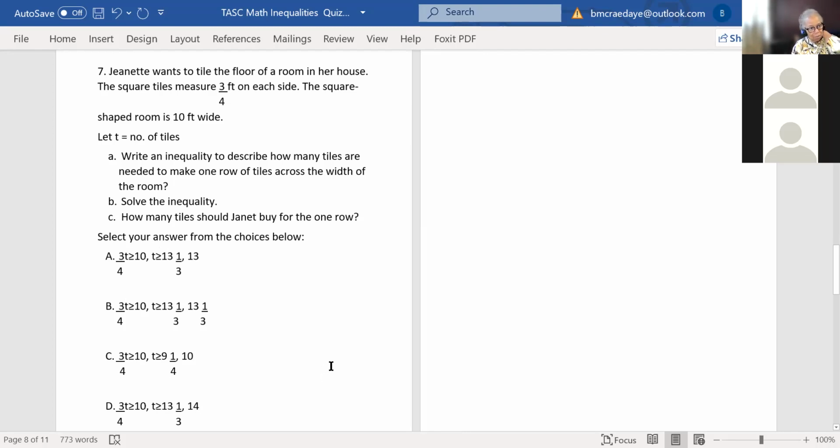First, you get your inequality. Then you solve it. And then you tell how many tiles Janet should buy for that one row. 3/4, 10.